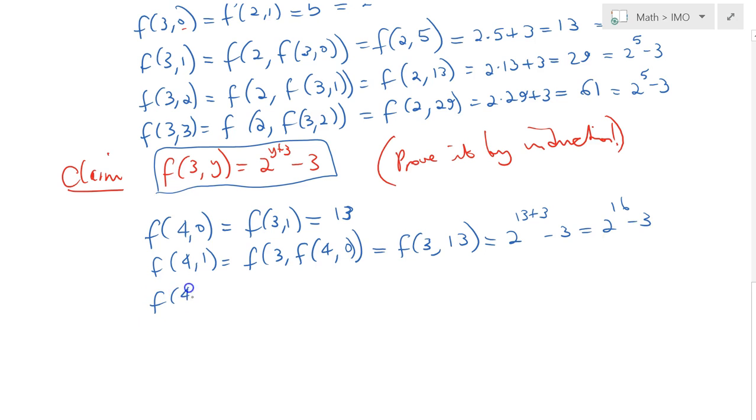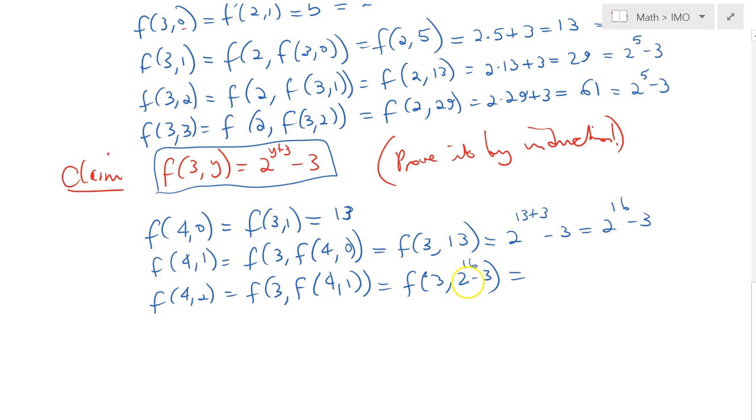In a similar way, I can calculate f of 4 2, which is f of 3, f of 4 1. But this is just f of 3, and 4 1 was just this ugly number. So let's finish this.